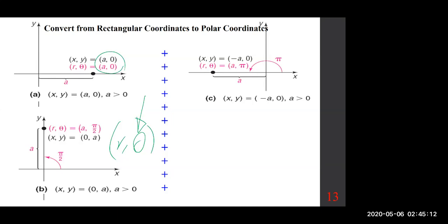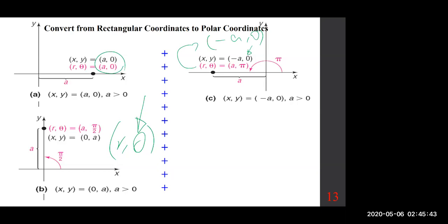But the angle is pi. By the way, you could write it as negative a comma 0, which becomes identical to the rectangular coordinate system. But again, normally we are interested in the positive. I want you to know that a comma pi is the same as minus a comma 0, okay?